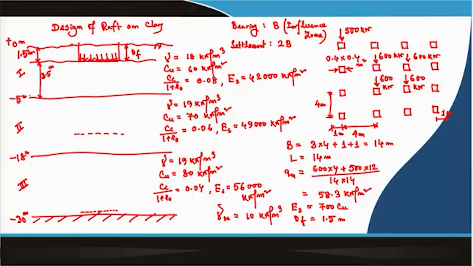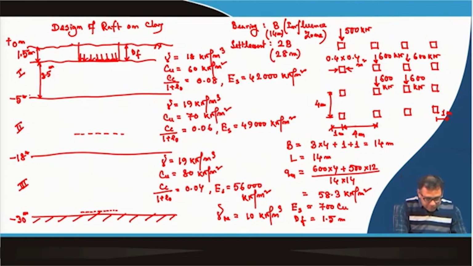So, this is the soil profile that was taken, and for the bearing capacity consideration the influence zone was 14 meter, which is B, and for settlement calculation it will be 28 meter.